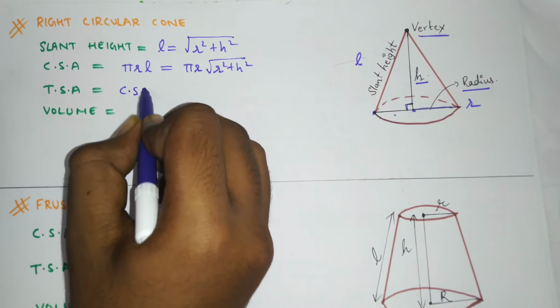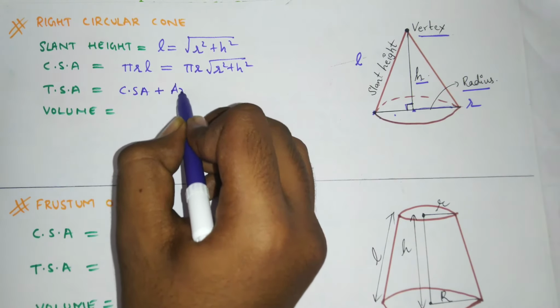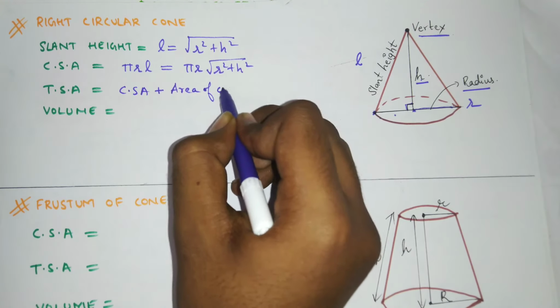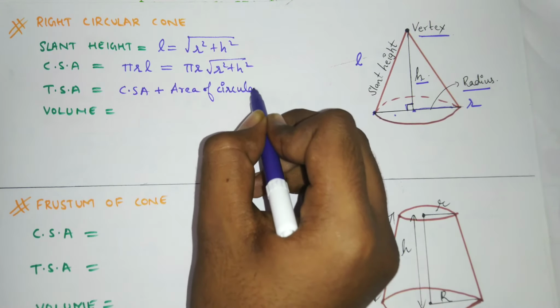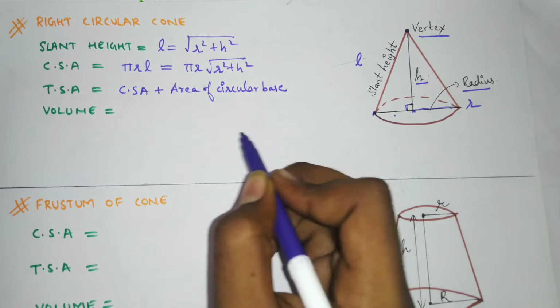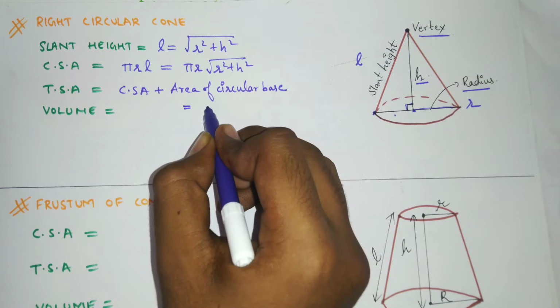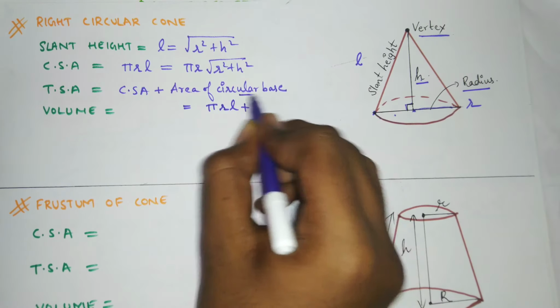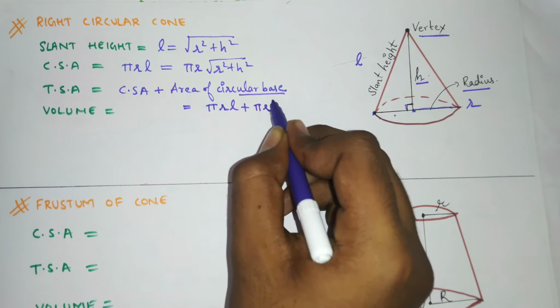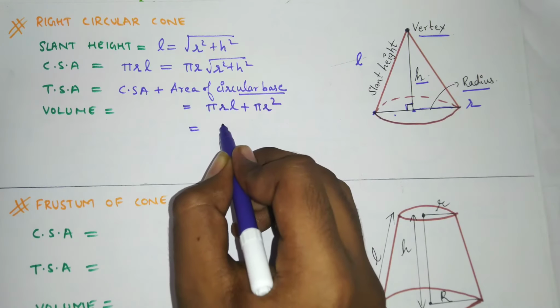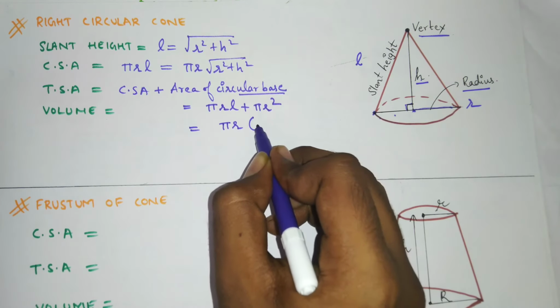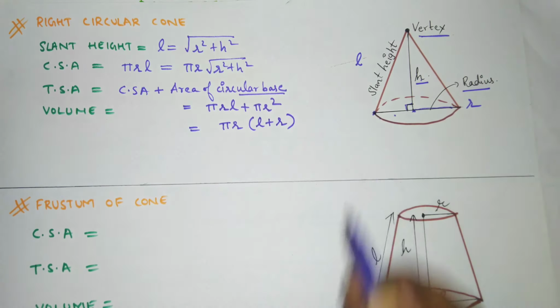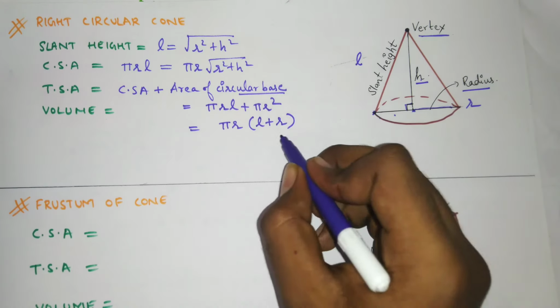That means CSA plus area of circular base. CSA is pi r L plus the circular base area, that is pi r square. I can take pi r common, and what will be left out? L plus r. This is my TSA.